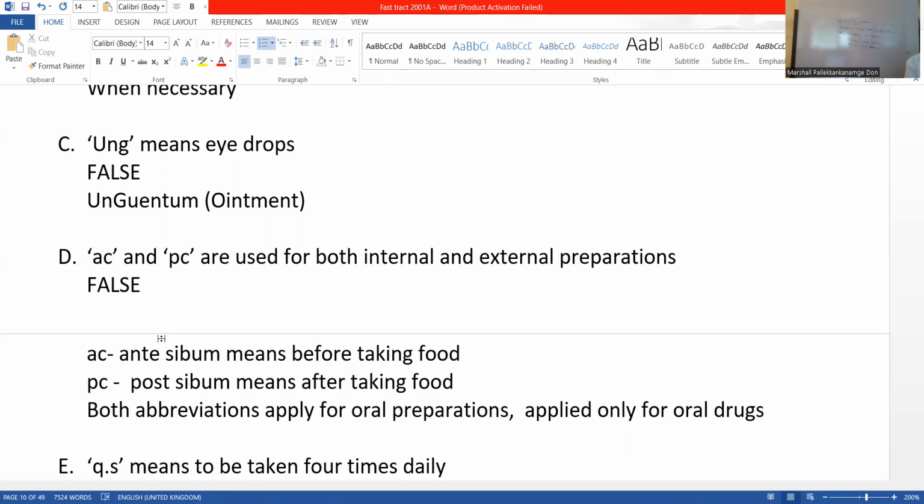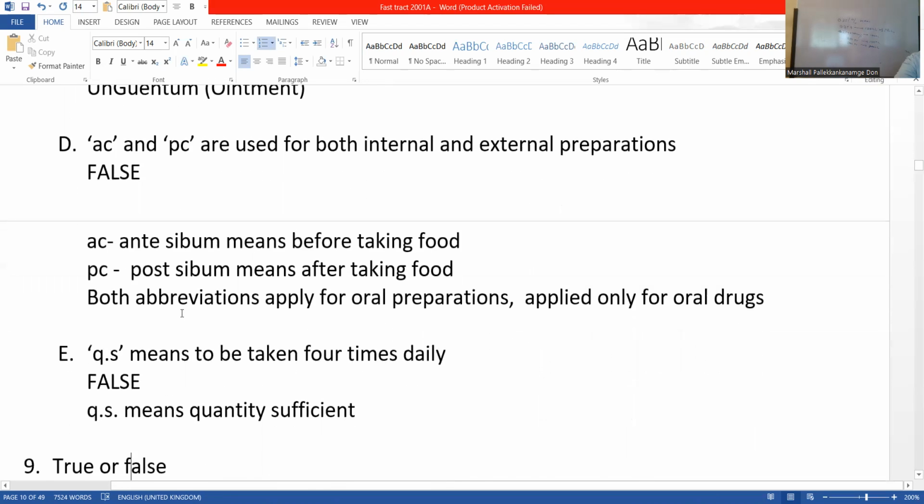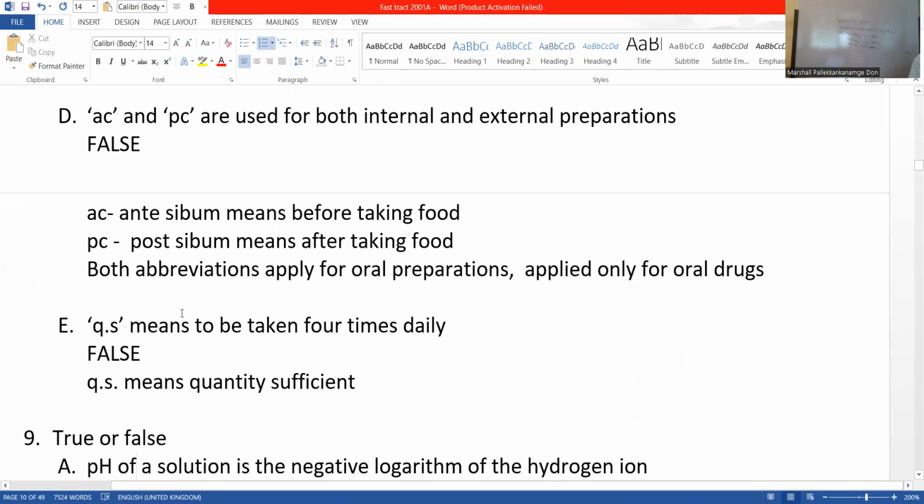D, AC and PC. AC means before meals, PC means after meals. So this statement is false. The answer given to the question is false. E, QS means quantity sufficient. That is the easy one.